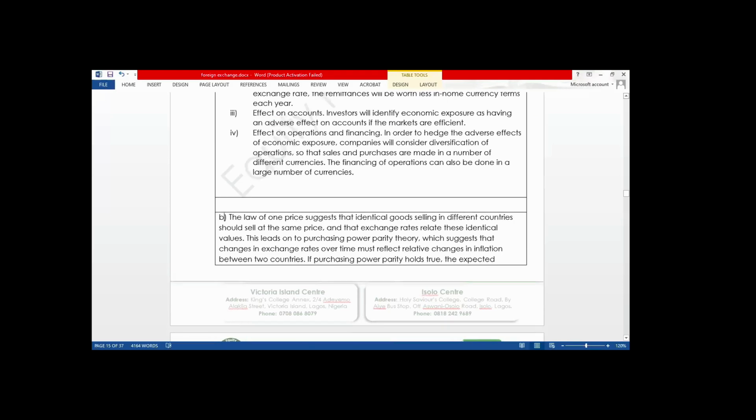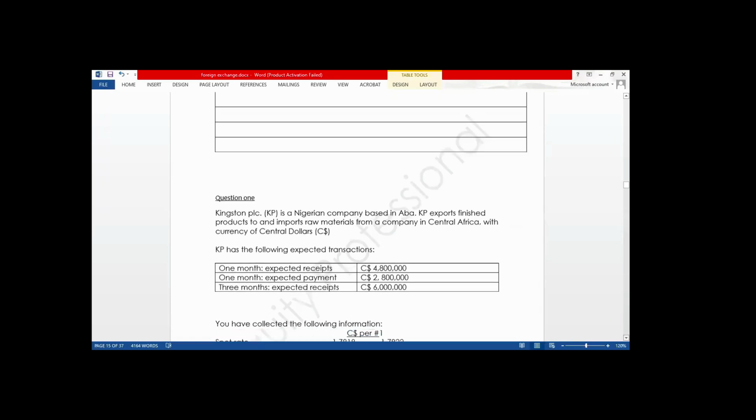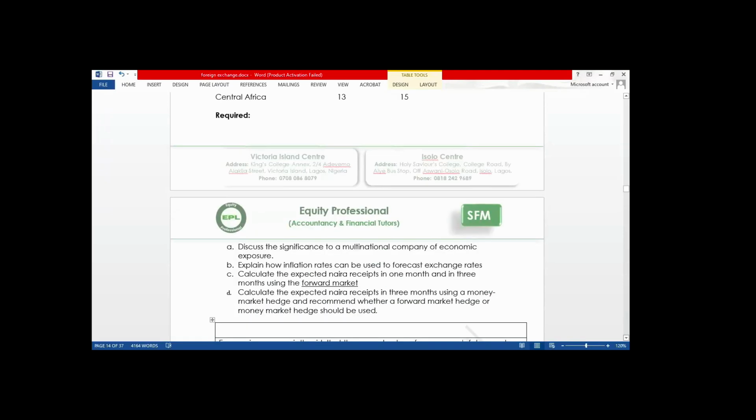Now let's move to requirement C. It's 1 month, and in 3 months, using the forward market.